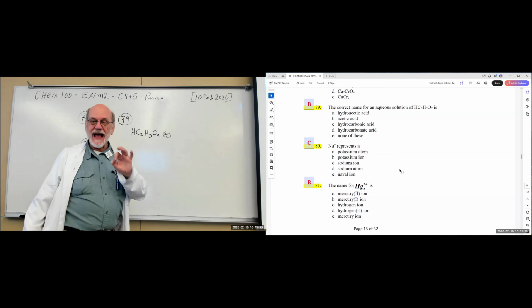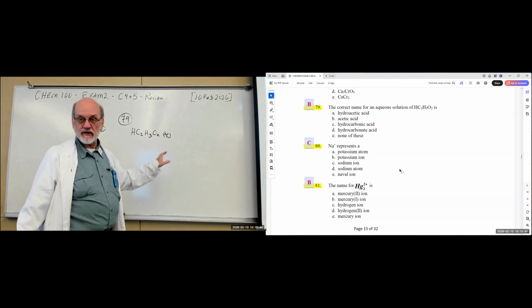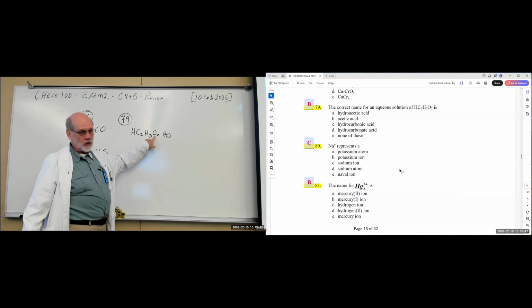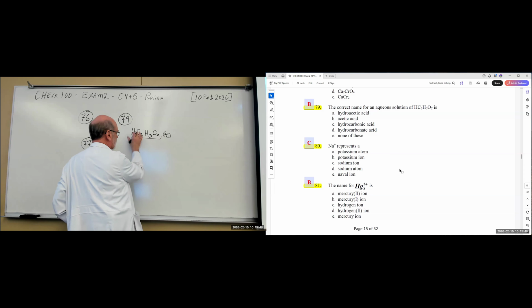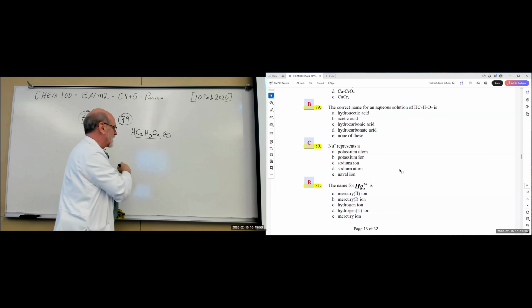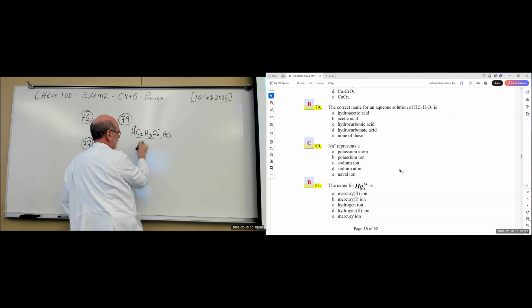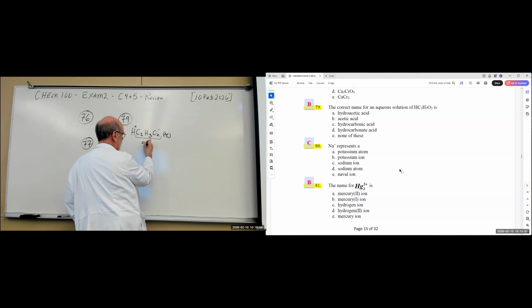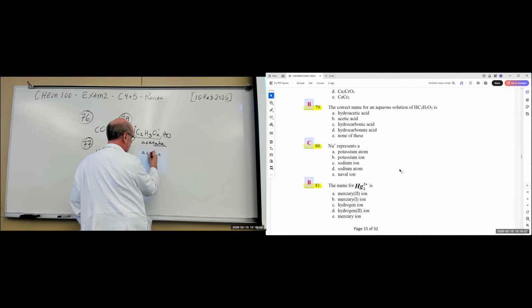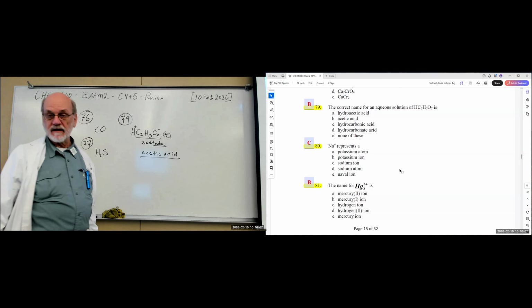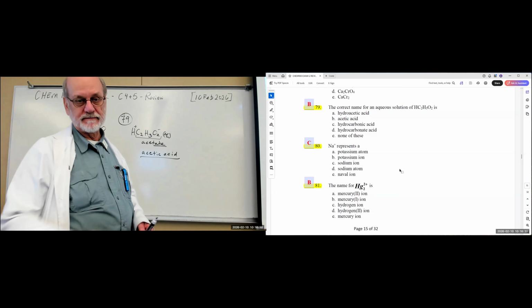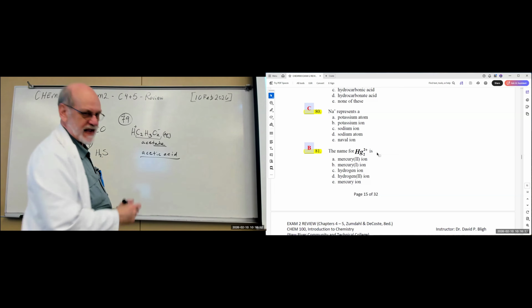Now we use the acid naming convention. Is there oxygen here? Yep. So we do not say hydro. We simply go to this part of the molecule, separate from that hydrogen, and say, what is that? Well, it's going to be this polyatomic ion, acetate. We take the ending and convert it to IC and add acid. Acetic acid. That's the name for that compound. 80.